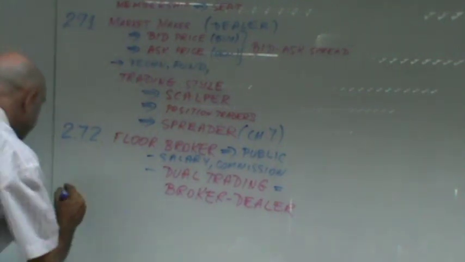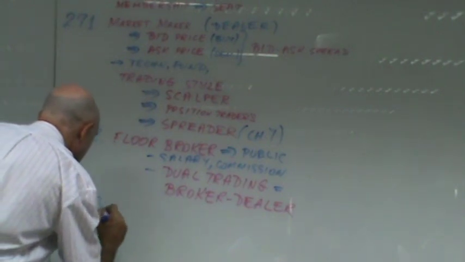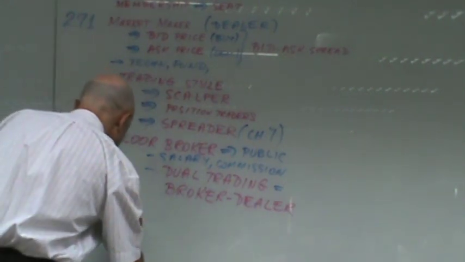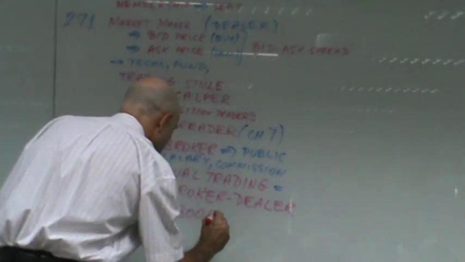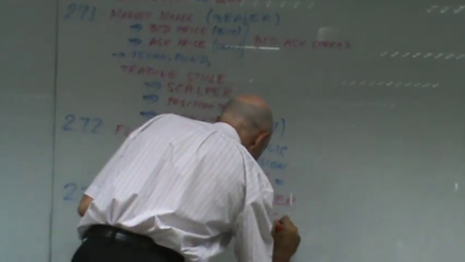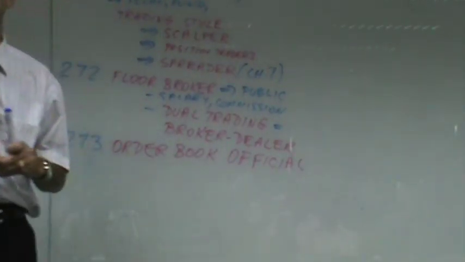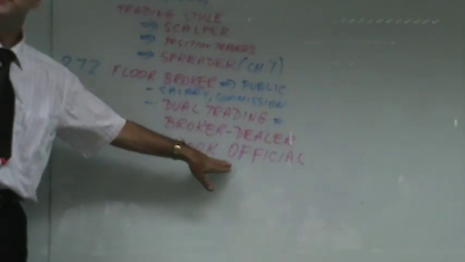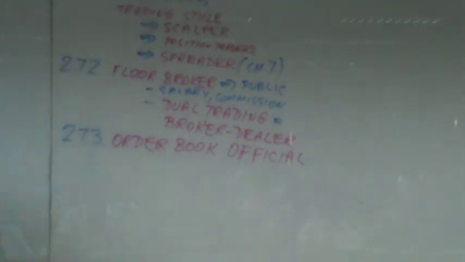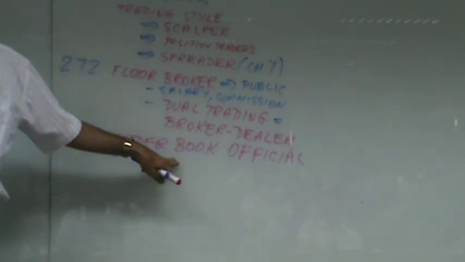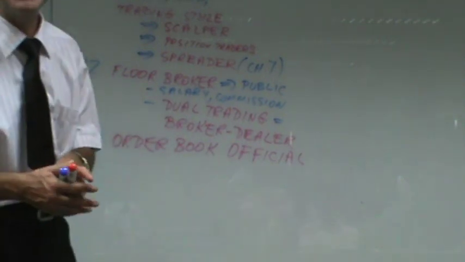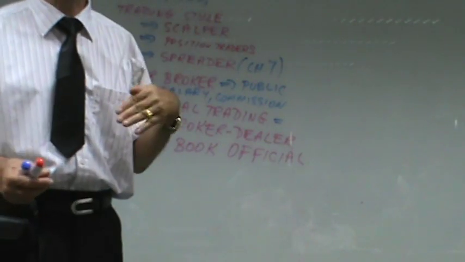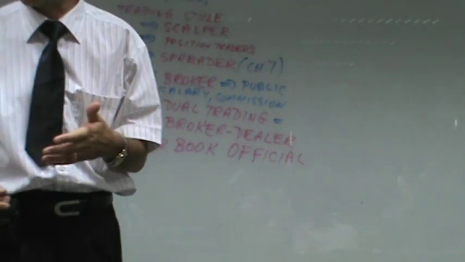Number 3. Order book official. This is an official of the exchange who maintains the order book. The order book is a listing of all limit orders.